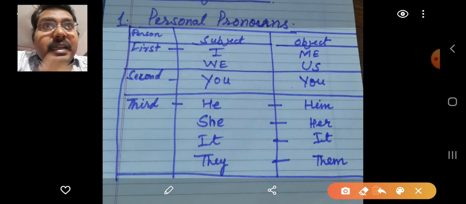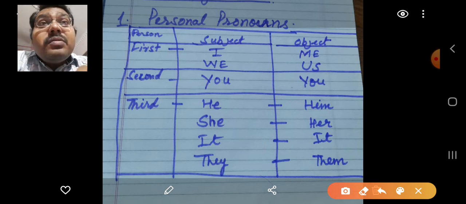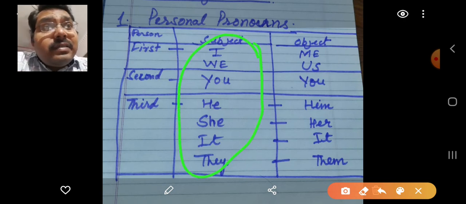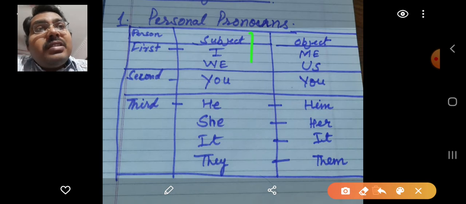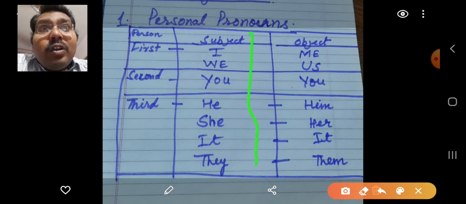And the predicate contains the object also. So if in a sentence the nouns are placed at the place of subject, then we use the suitable pronouns from the subjects. Got my point?